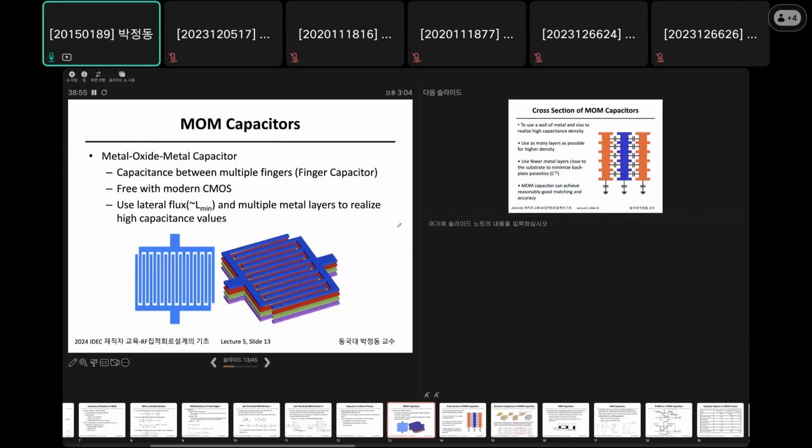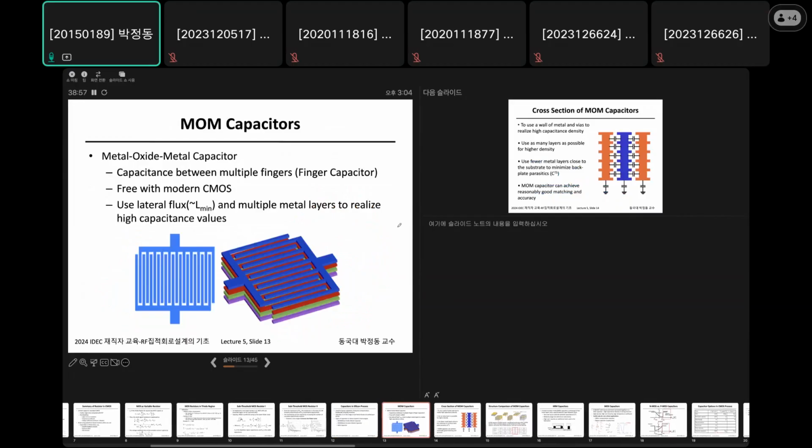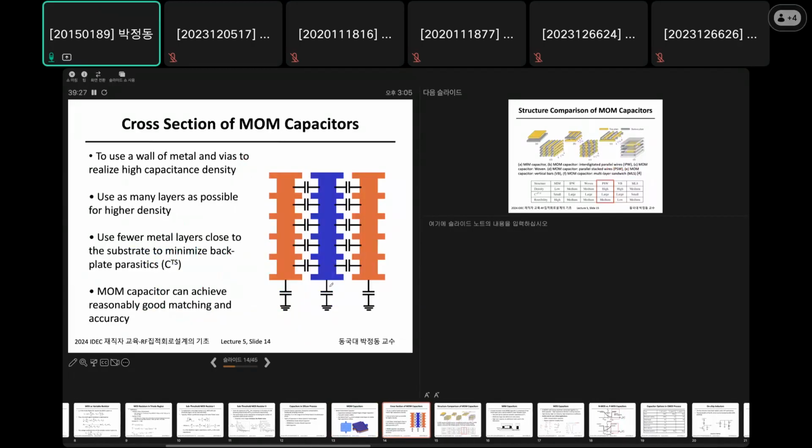So here, this is a typical structure of a MOM cap. As I said, it has an interdigit structure, right? So this is, let's say, a positive terminal, and this is a negative terminal, right? So when you use a MOM cap, if you just look at the cross-sectional view, it looks like this, right?